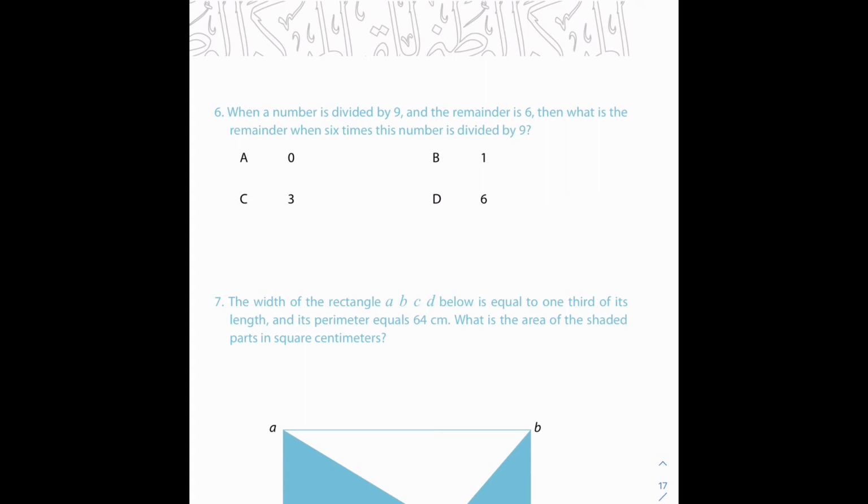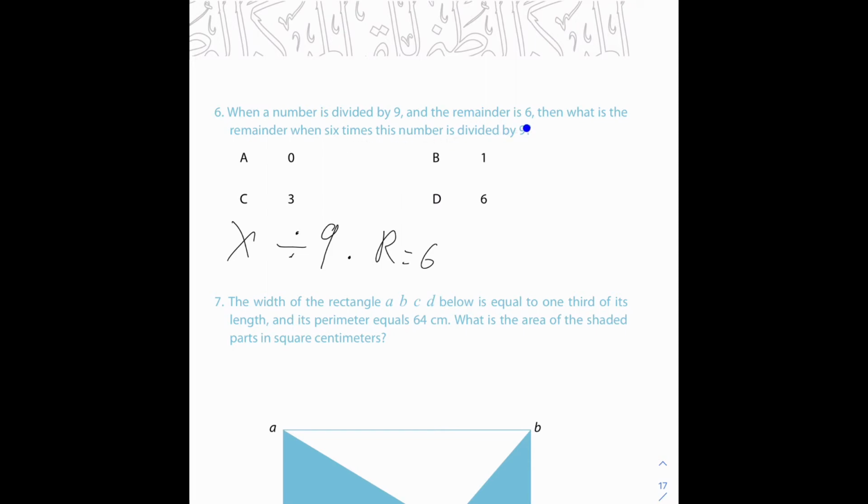So when a number is divided by 9, you can say that the number is x, and it's being divided by 9, right? The remainder is 6, so let's say that r is 6. Then what is the remainder when 6 times this number is divided by 9? This is a bit weird, but my advice, whenever you see a question like this, forget about the question for a minute.